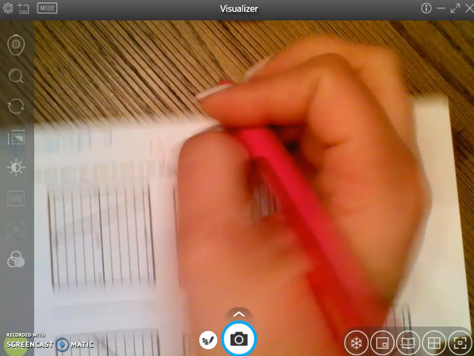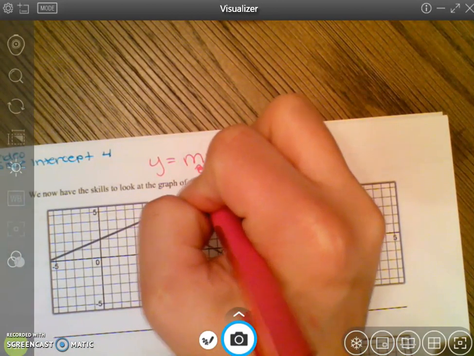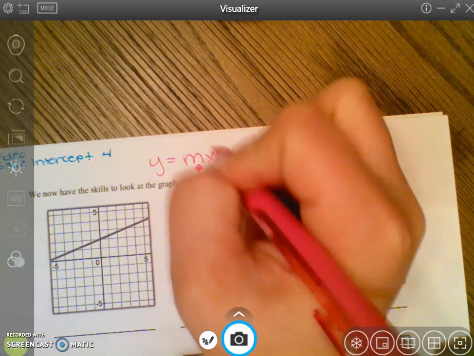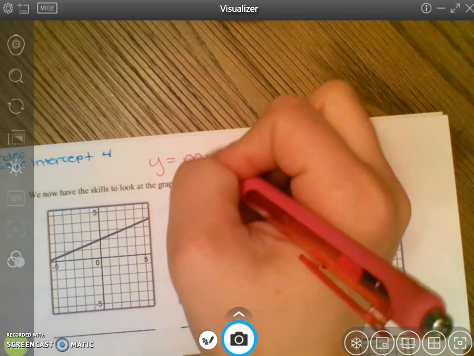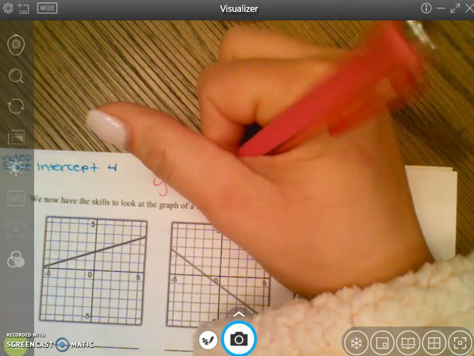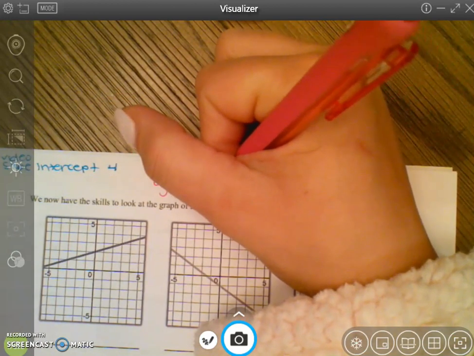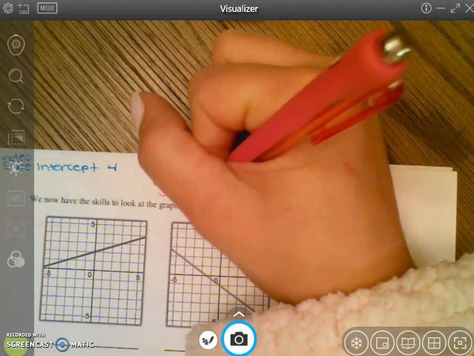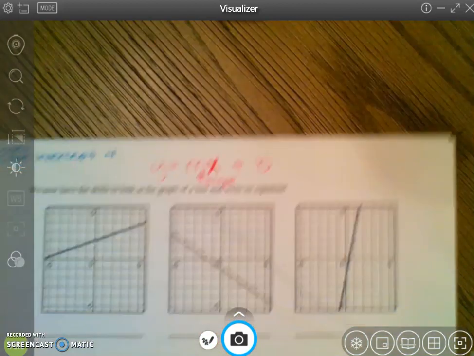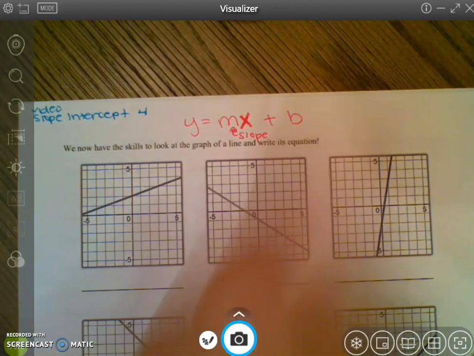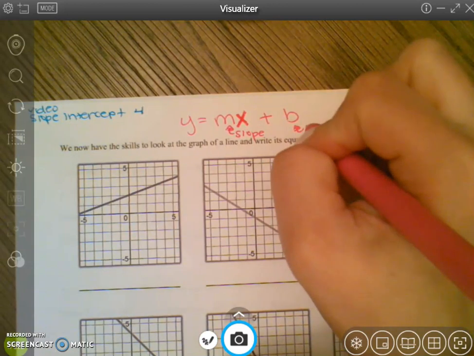Okay, so remember, the m is the slope. X is just x. Let's make this really big and bold. Okay, x just stays x. And b is your y-intercept.